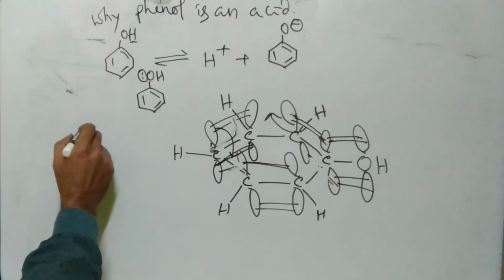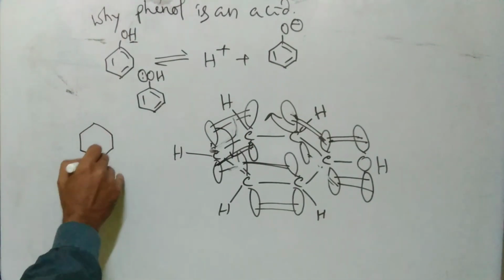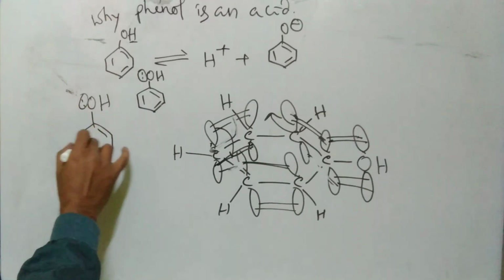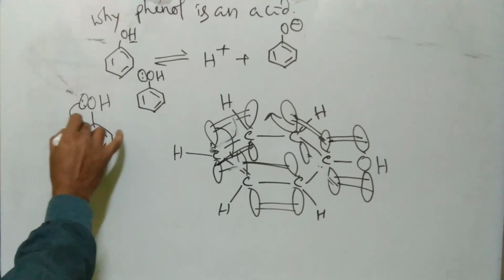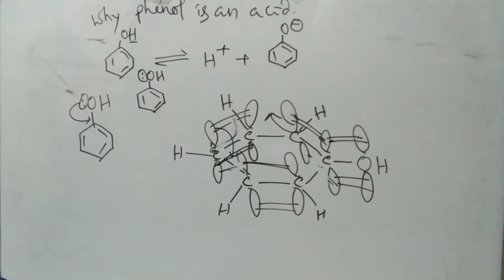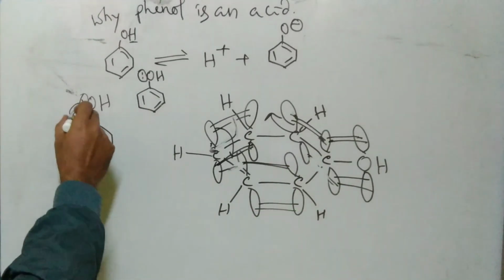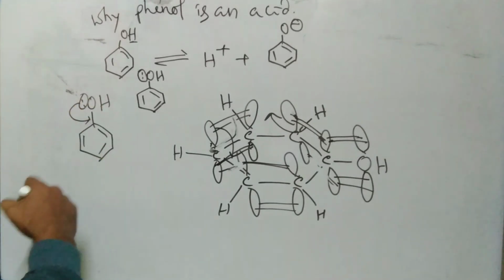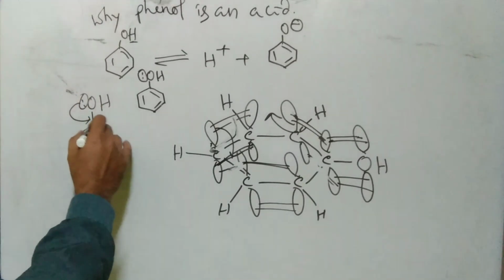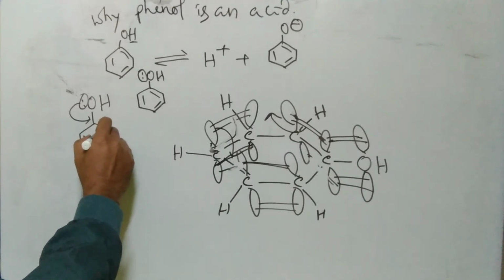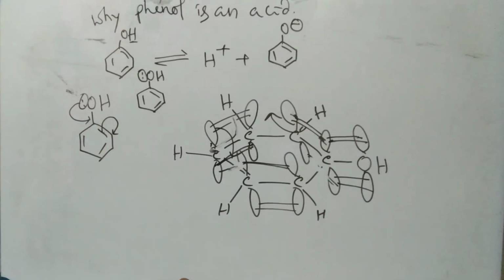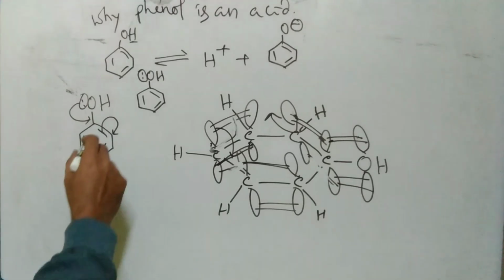That is, here the oxygen lone pair can make a double bond by overlapping with the pz orbital of carbon. When a double bond is formed, carbon cannot make more than 4 bonds. So this bond has to be broken and the bond totally shifted over to this carbon as a negative charge. So this is called resonance.